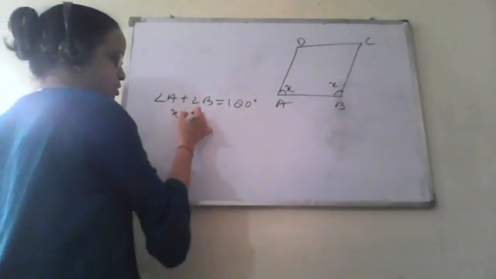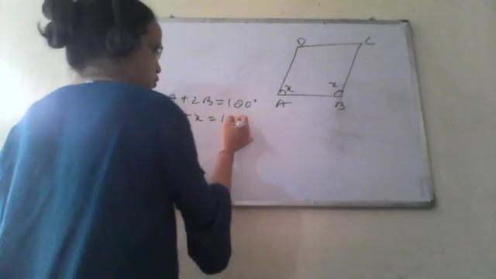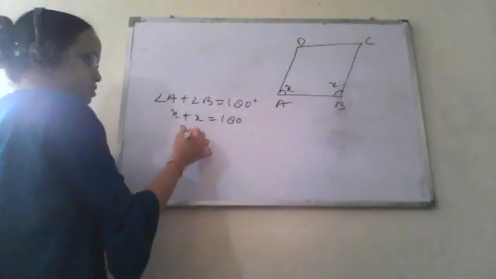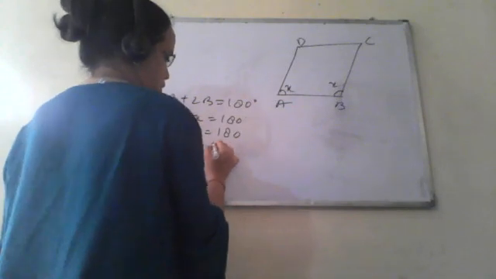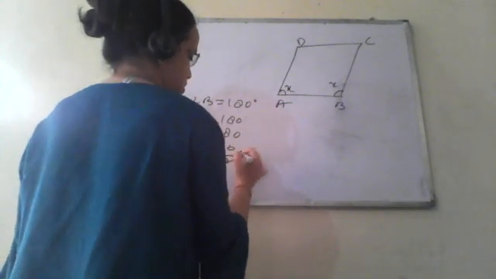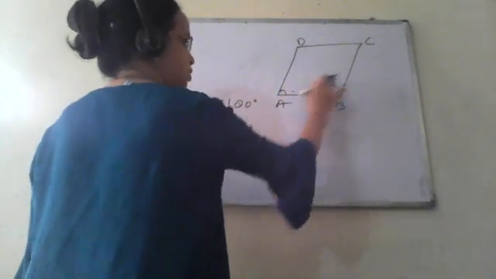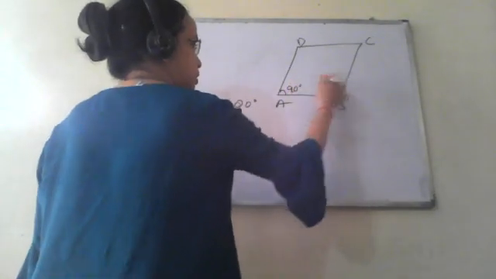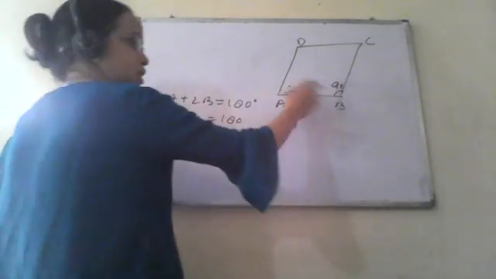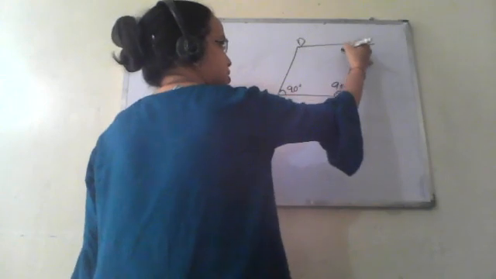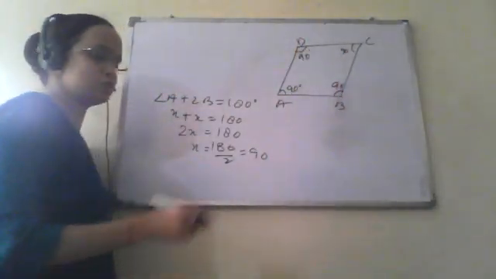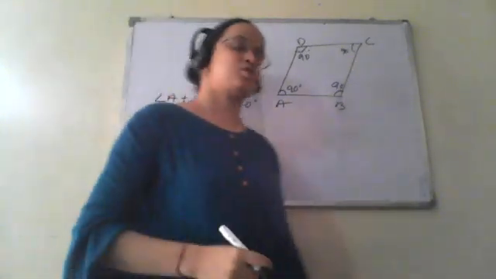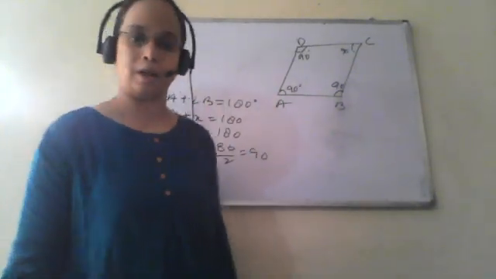So x plus x equals 180 degrees, 2x equals 180 degrees. So x will be 180 upon 2, that is 90 degrees. So each angle will be 90 degrees. If these are 90, this will also be 90 because these are opposite angles. So this will be a special case of either a square or a rectangle.